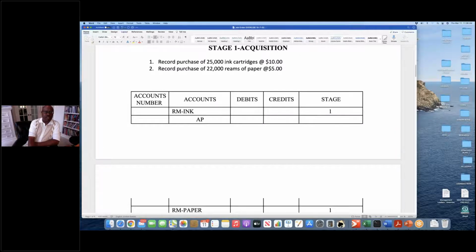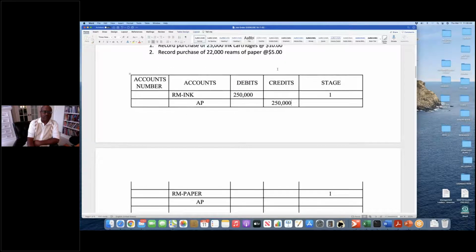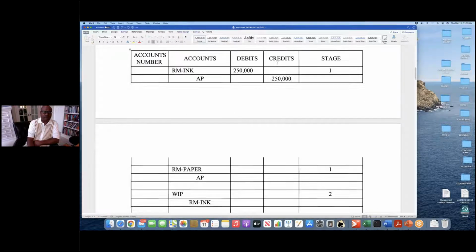It says you bought 25,000 ink cartridges at 10, stage 1. So what's the debit going to be? 250,000. But you already have the journal entry set up. You just have to put in what it tells you. 22,000 reams of paper at 5. 110,000. It'll be 110 as it was before.